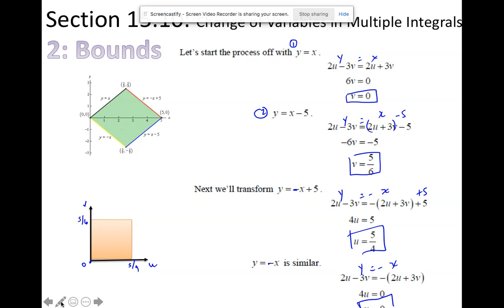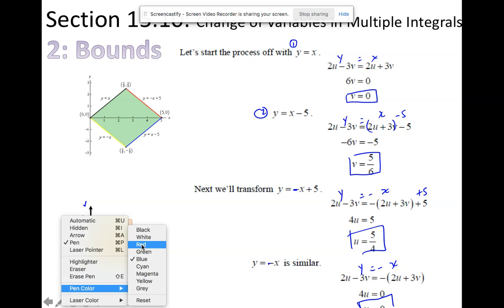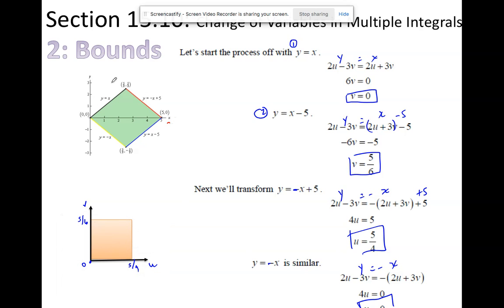So first region, here was the region in the XY plane. Notice that if I drew vertical strips and tried to integrate that, look at how often my bounds would change, or even if I drew horizontal strips, right?